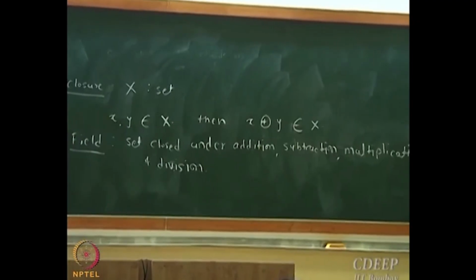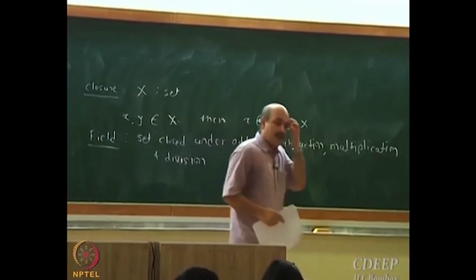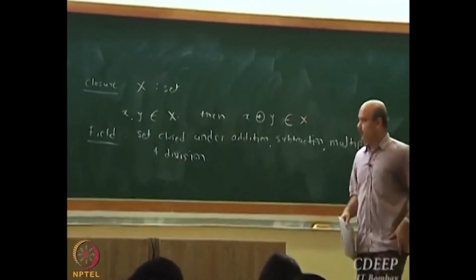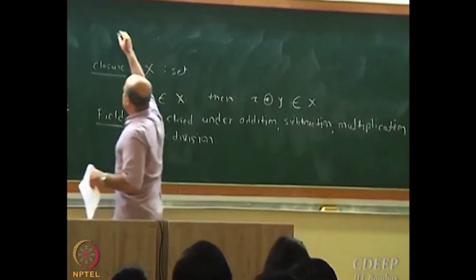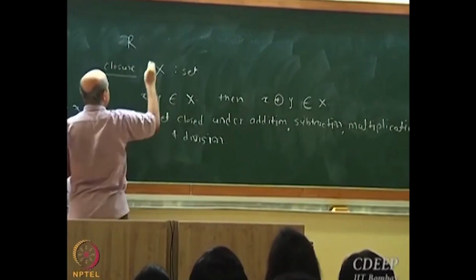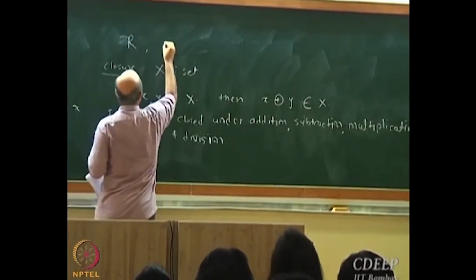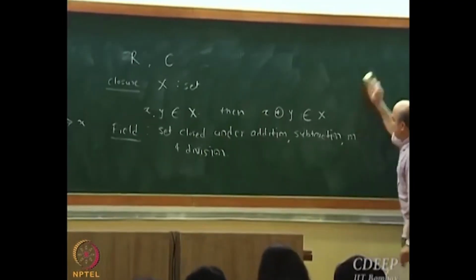The well-known examples of field are the set of real numbers and the set of complex numbers, and these are the two fields which we are going to use. So we are going to denote these as R. R will denote the set of real numbers, and C will denote the set of complex numbers.